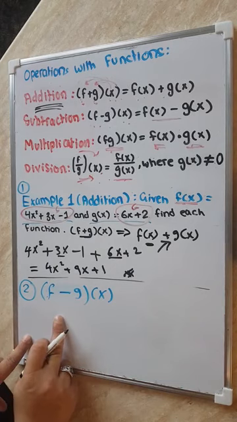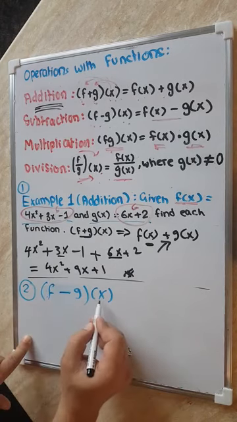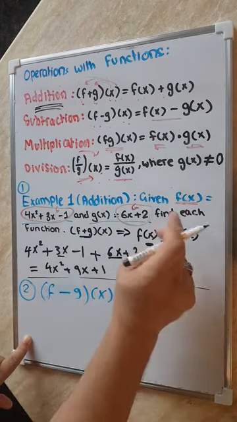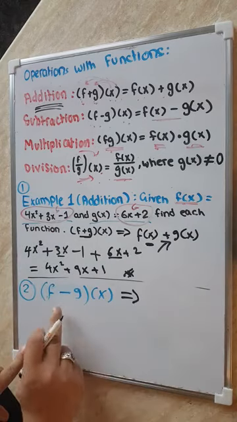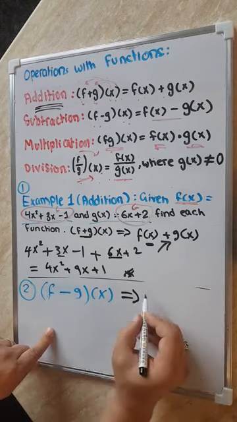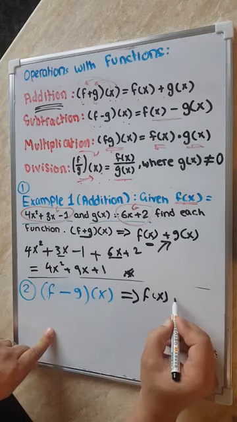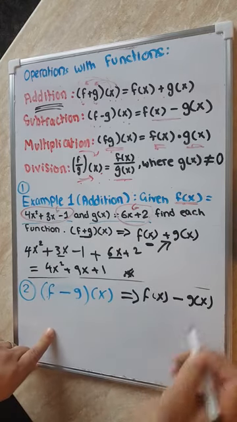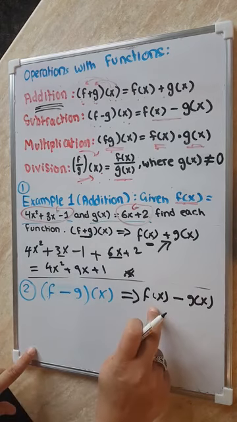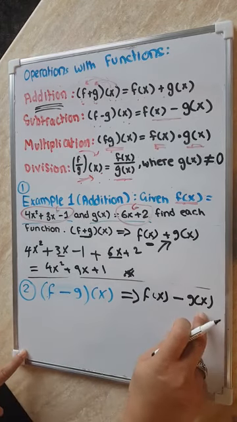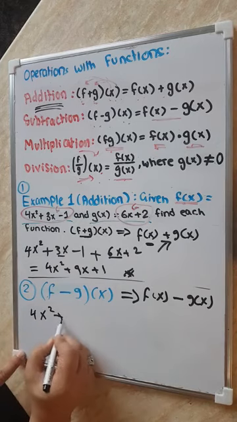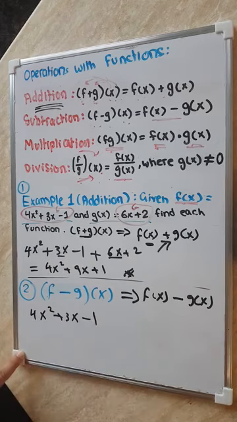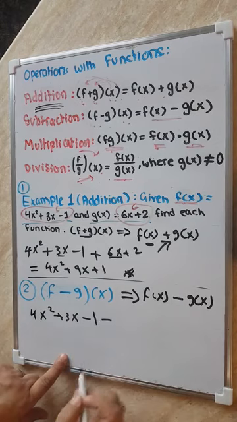For subtraction, example for subtraction, f minus g of x for the same two functions, f and g. We will distribute, so it will be f of x minus g of x. Then replace f of x by its value and g of x by its value. f of x is 4x squared plus 3x minus 1, minus.